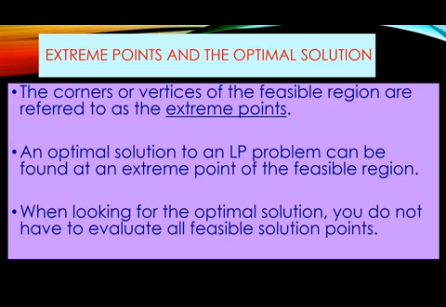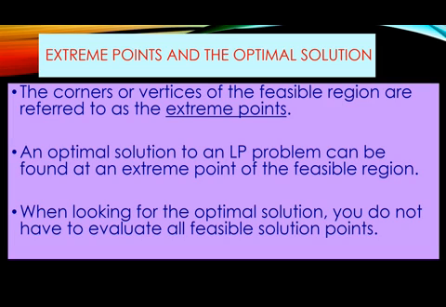That region, a closed region or an open region, many a time will be either a quadrilateral or a pentagon. That region is called the feasible region, and the end points or the corners or the vertices of that particular feasible region, I call them extreme points.